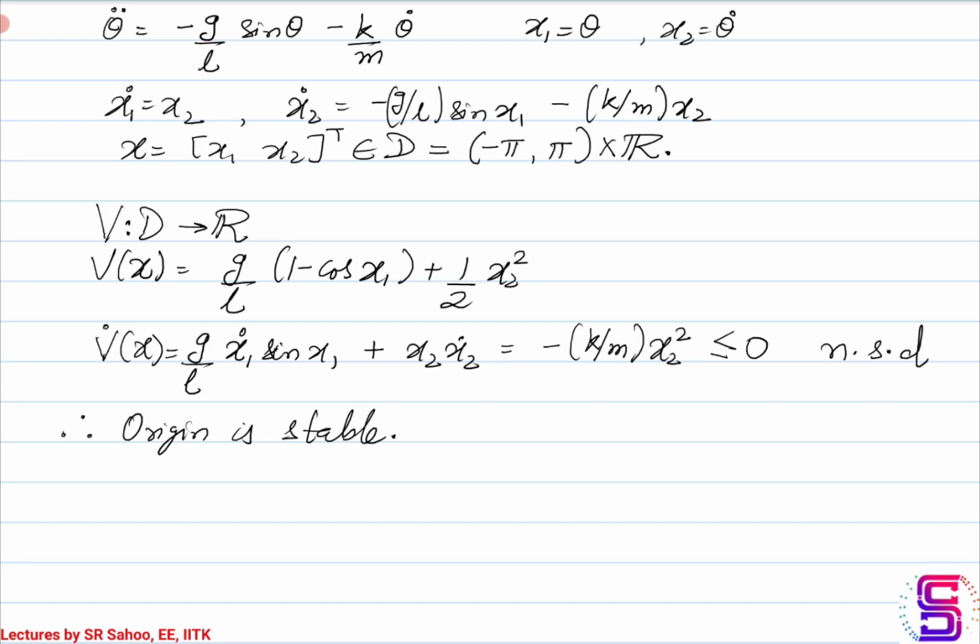So when you substitute the dynamics, the control input term, if present, will also appear. Now it is the designer's job to set the control input such that the origin becomes globally asymptotically stable, which means you have to start with a radially unbounded V, and you have to come up with a controller such that V dot becomes negative definite.